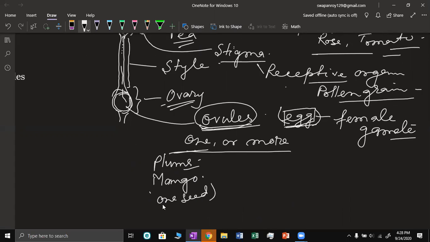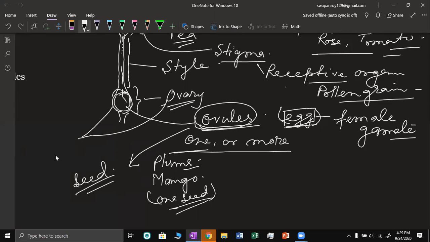This is because they have only one ovule. After fertilization, the ovule matures into the seed and the ovary matures into the fruit.